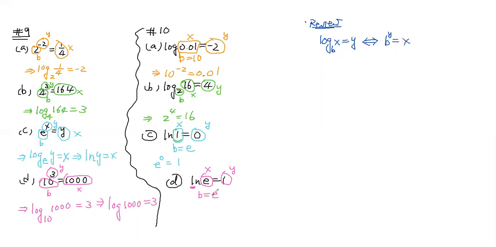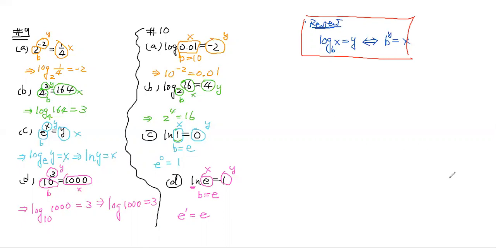The base is e here. So that means e to the first power is equal to e, right? That's what it's about. So this is pretty straightforward. Basically we use the formula, how the log function and the exponential function interchange here.